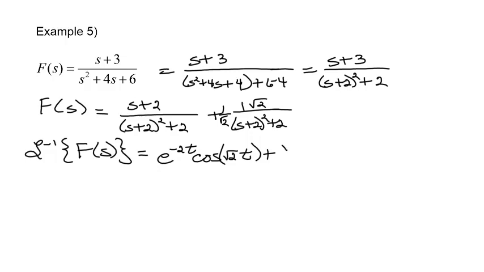If you rationalize that, that is exactly the same as square root of 2 over 2. And then the inverse Laplace of square root of 2 over s plus a squared plus b squared is rule number 9, which says e to the negative 2t times the sine of square root of 2 times t. And I don't know why I wrote the sine so far down. It's supposed to be on the same line.